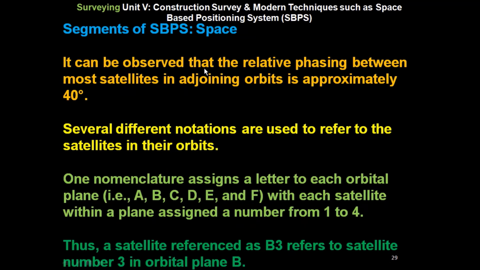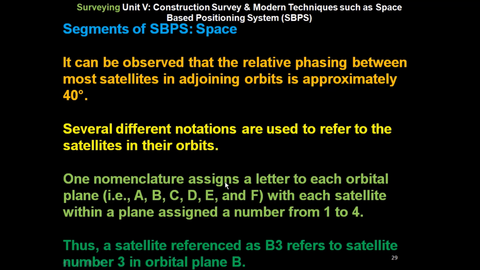It can be observed that the relative phasing between most satellites in adjoining orbits is approximately 40 degrees. Several different notations are used to refer to the satellites in their orbit.